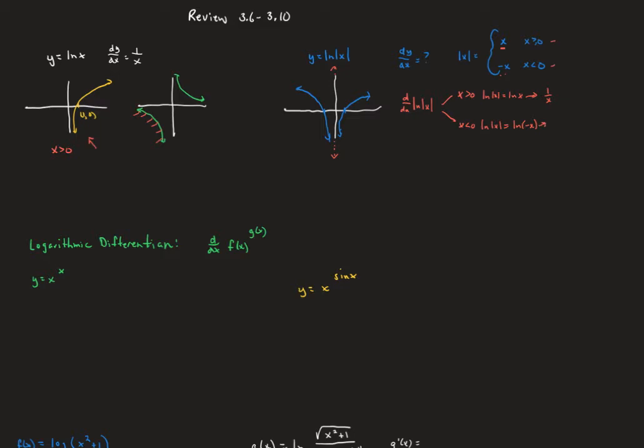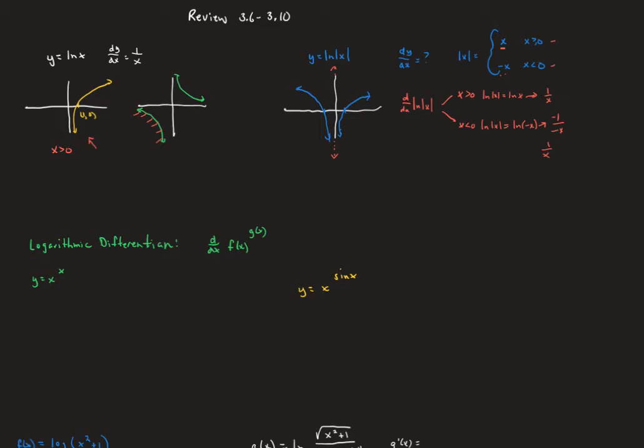So now when you take its derivative, it's a chain rule derivative. You're going to take 1 over u, that's the negative x, times the derivative of negative x, which is negative 1. You can see those negatives cancel, and you get 1 over x.